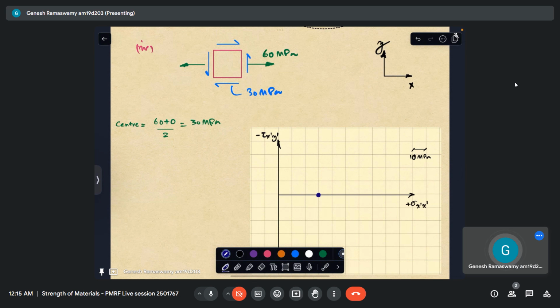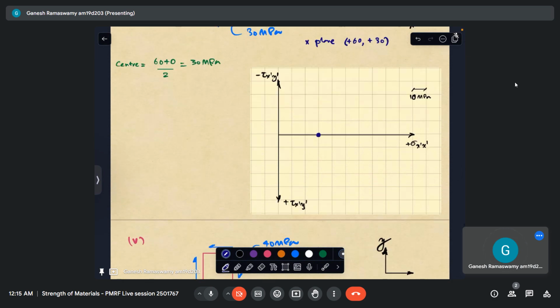And then we have, so this is 60, comma. So the x plane has the ordinate 60, comma, rather plus 60, comma, plus 30. So plus 60 goes here and plus 30 comes down like this. So this is the x plane. And then for the y plane, it is 0.